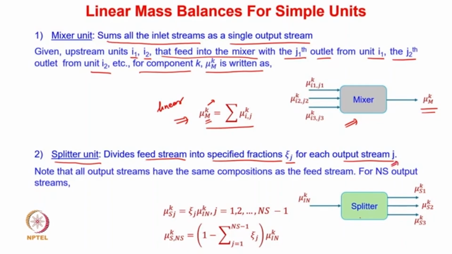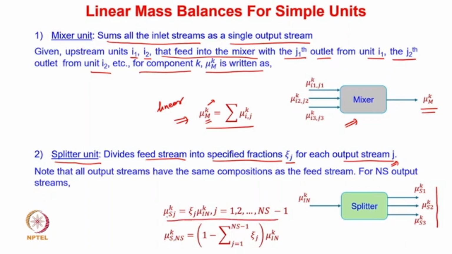Unlike the mixer, in the splitter the inlet stream is split into multiple outlet streams. If you look at the mass balance here, the outlet from each of these J streams can be represented by this equation.